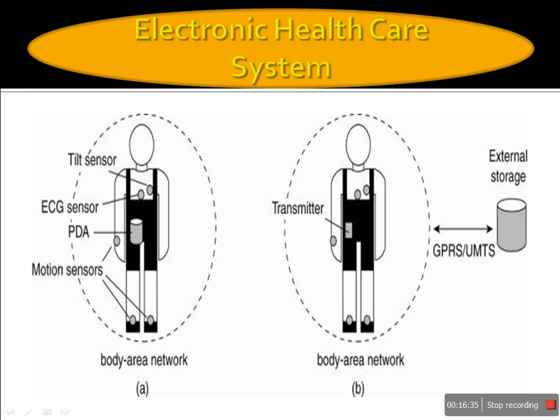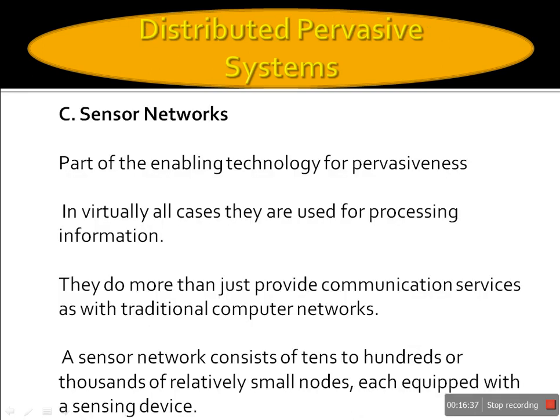Okay, so the next type of distributed pervasive system is sensor networks. This is our last example of pervasive system. These networks in many cases form a part of the enabling technology for pervasiveness, and we see that many solutions for sensor networks are found in pervasive applications.